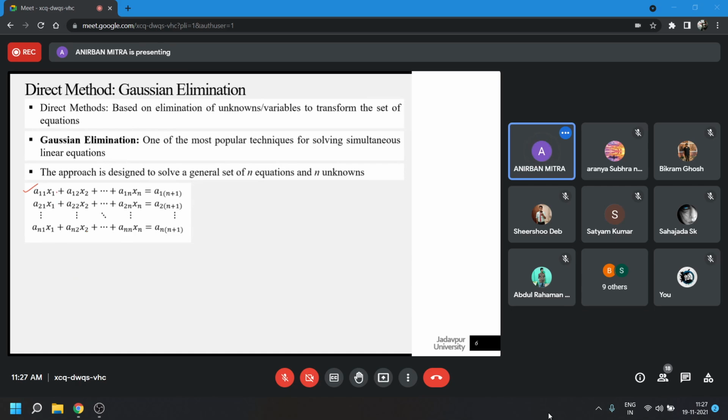So you have n number of equations. This is 1, this is 2, like that you go up to n, and you have also n number of unknowns. So x1, x2 going up to xn. The right hand side is constant. So this can be represented as either a1 n plus 1, or sometimes it is written as b1. So b1, b2, like that, you can go up to bn.